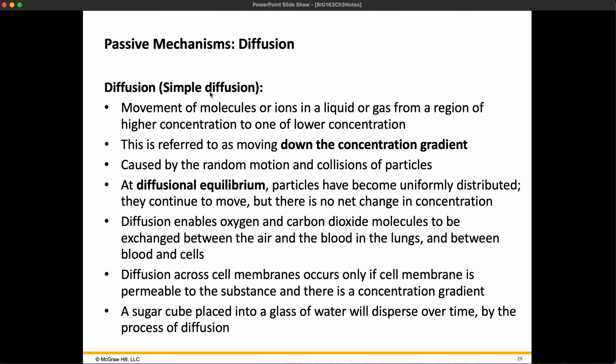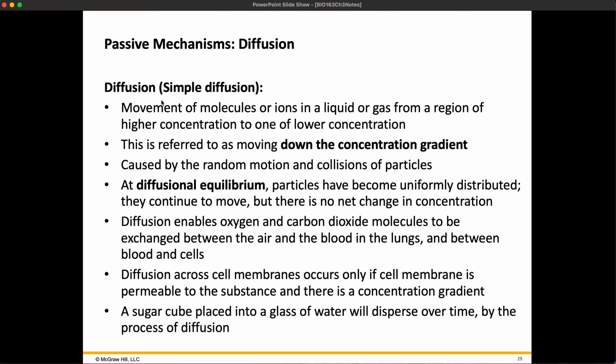So starting with diffusion, just your simple diffusion. Simple diffusion means that a structure can just pass through the plasma membrane. It does not require energy, and it does not require a channel protein for it to pass through. It can actually pass through the phospholipid bilayer without any other aid.